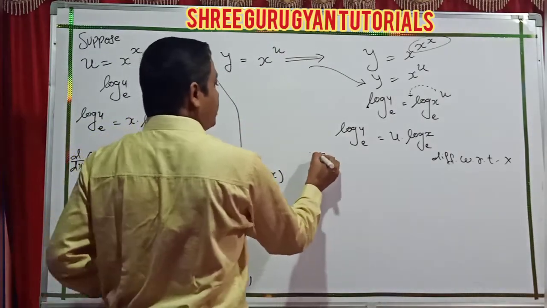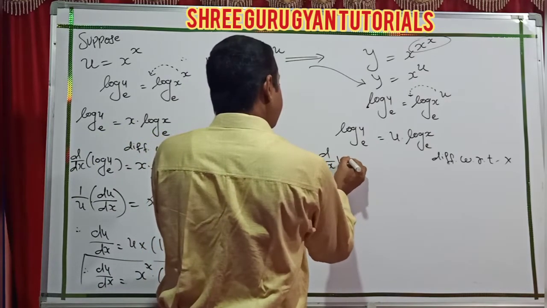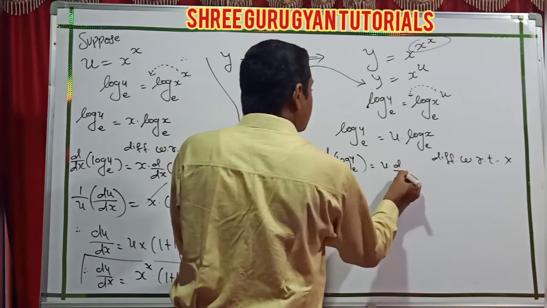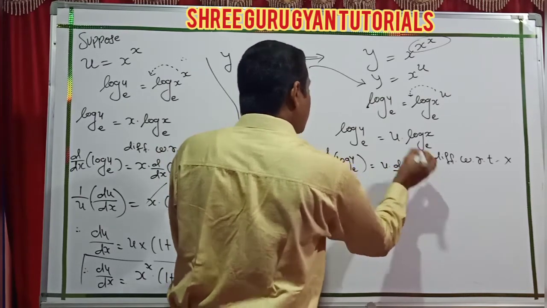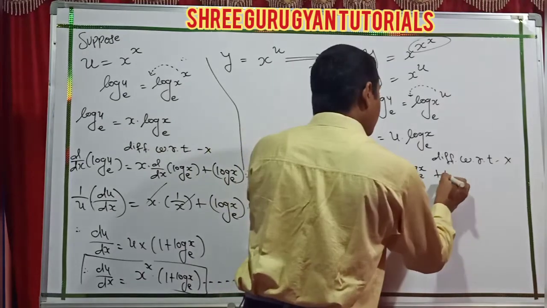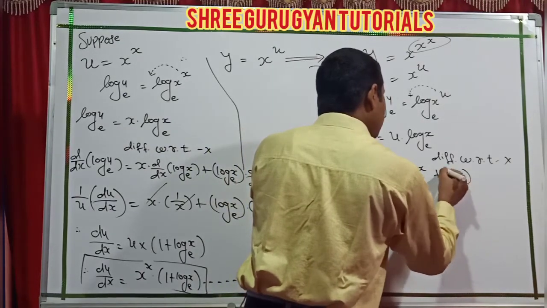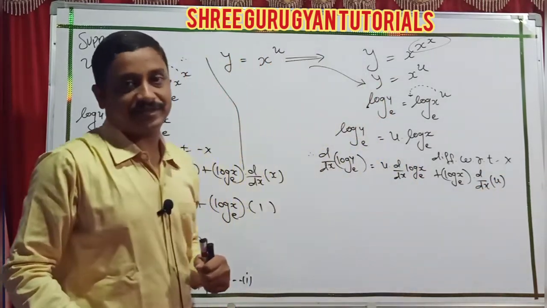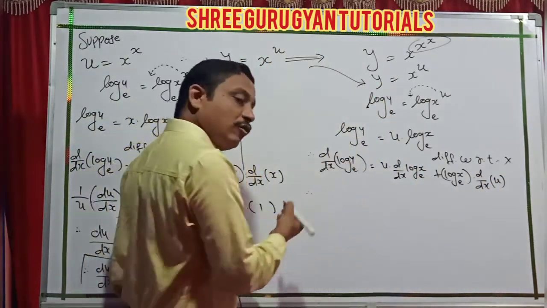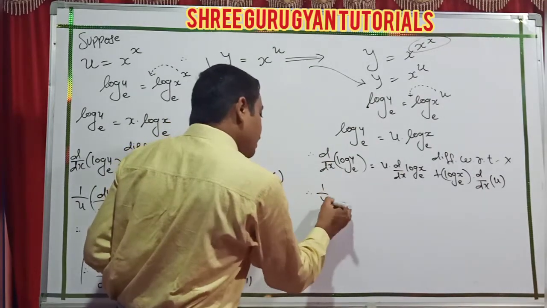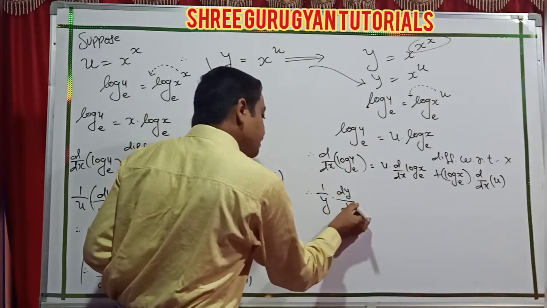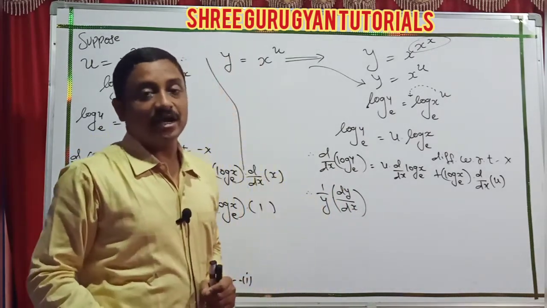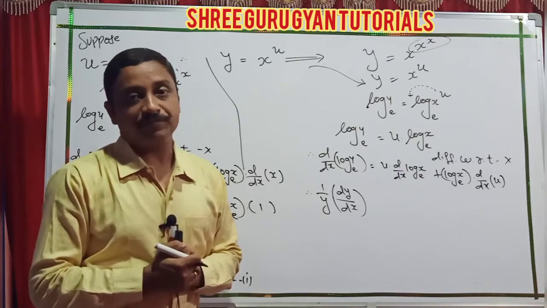So here, d by dx of log y base e, and here first into derivative of second, plus second into derivative of first. Correct? Yes. So what is the log y derivative? 1 by y, and y's derivative with respect to x is dy by dx, and dy by dx is my target.